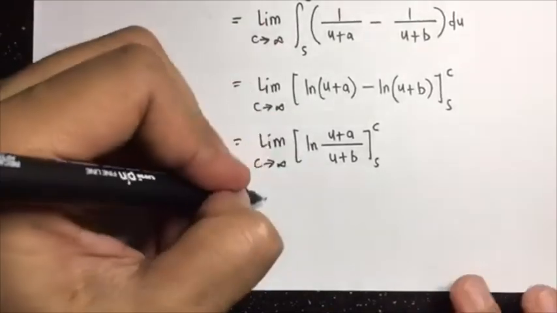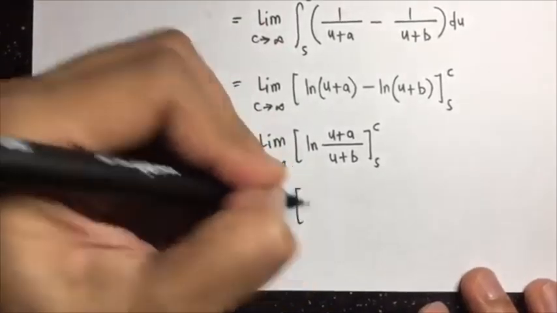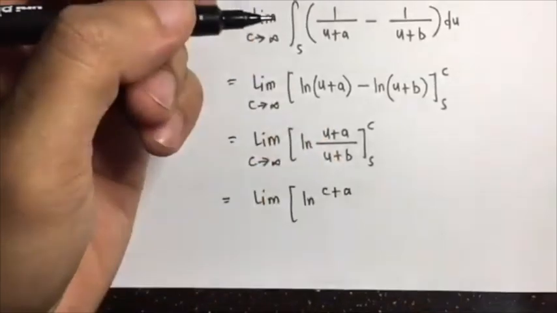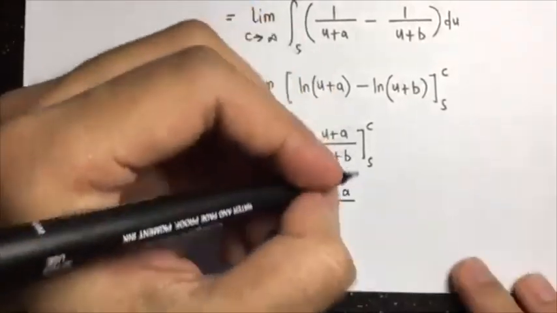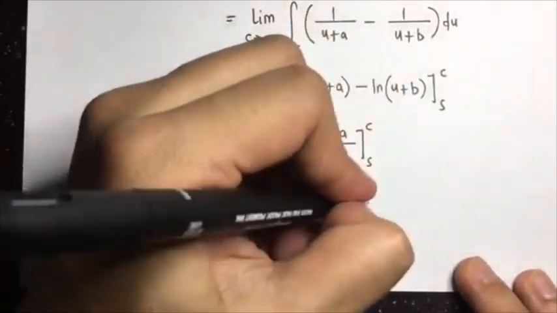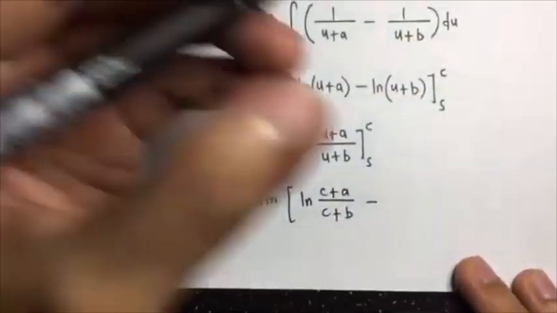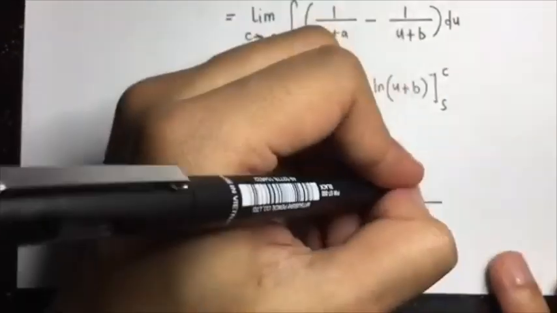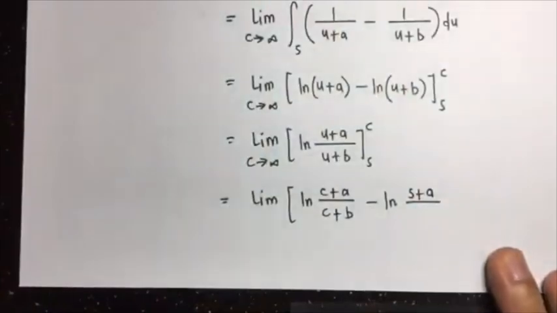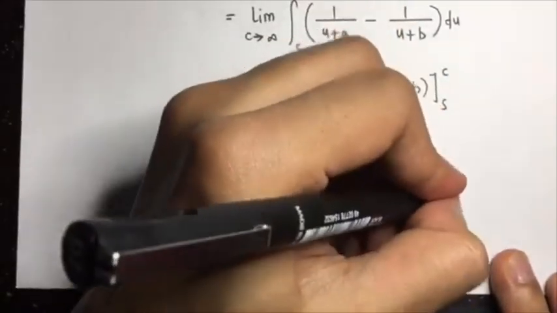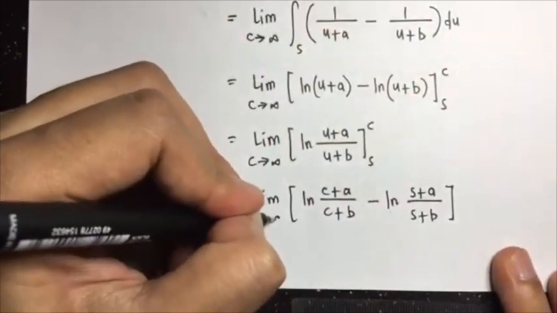This will become the limit of ln of c plus a over c plus b, minus ln of s plus a over s plus b.